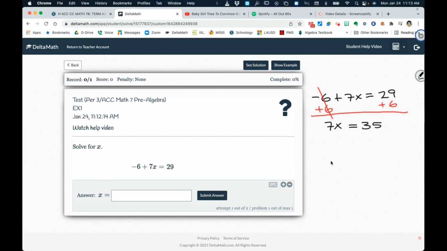We get rid of the coefficient by dividing in this case. X equals 35 divided by 7. What number do we get? 5. So over here, they're just asking us to put in what x equals.